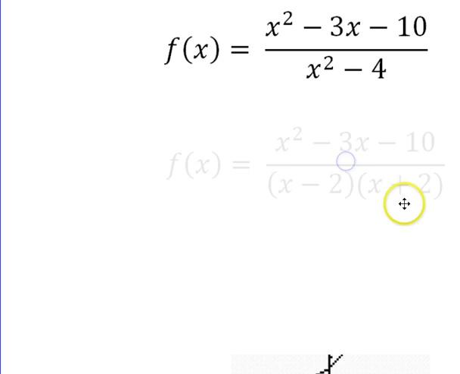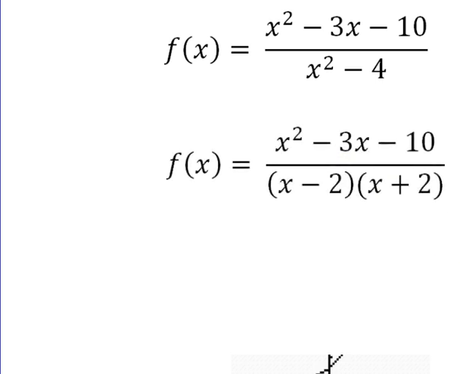Personally, I like to factor. So I went ahead and factored the bottom into x minus 2 times x plus 2. So I have two possible discontinuities. I have a possible discontinuity at x equals 2 and one at x equals negative 2. Whether or not they're a hole or an asymptote is what I have to find out.